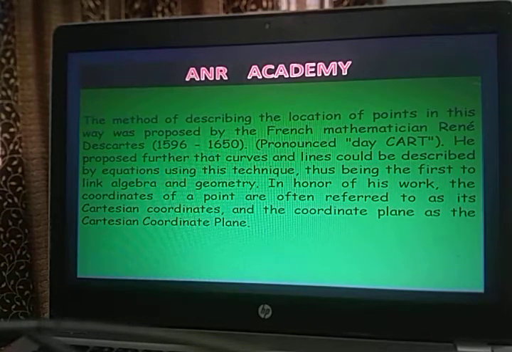That means there is a connection between algebra and geometry. In honor of his work, the coordinates of a point are often referred to as its Cartesian coordinates and the coordinate plane as the Cartesian coordinate plane.